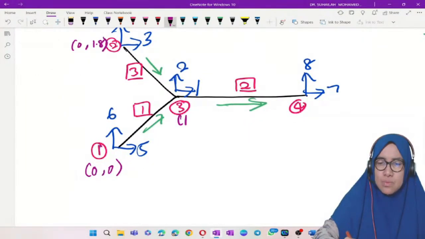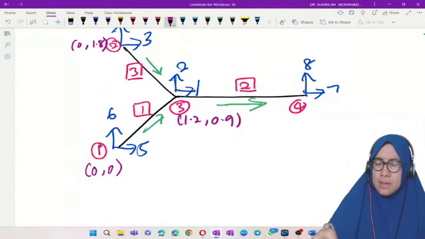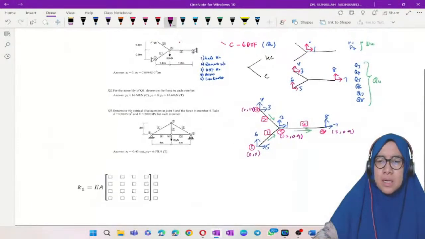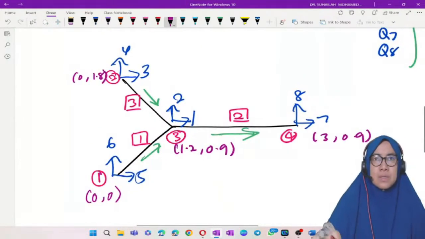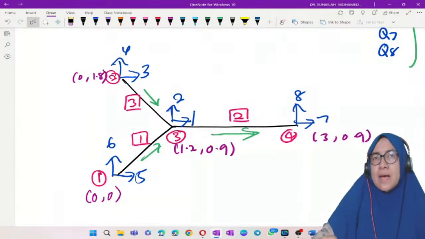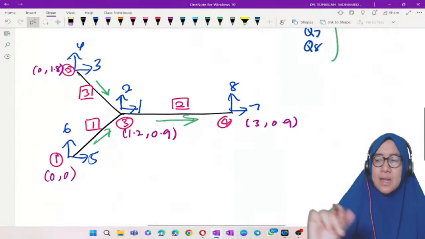This is 1.2, 0.9. And then 3, 0.9. Okay. Then only we can start.